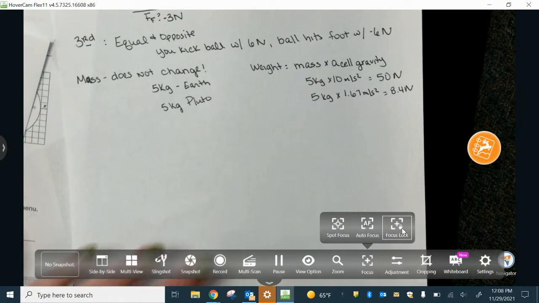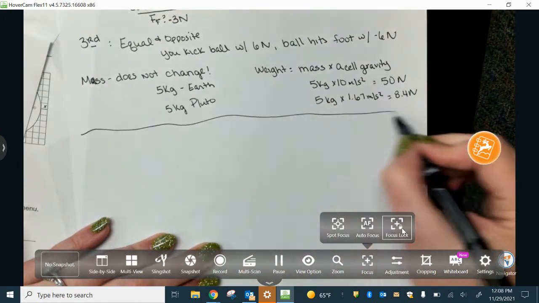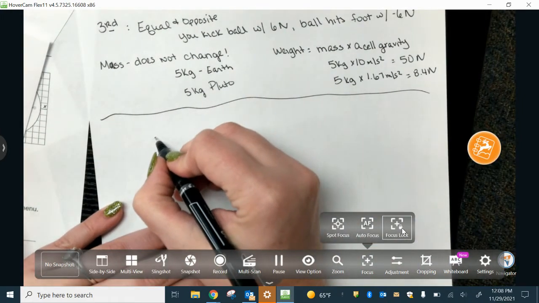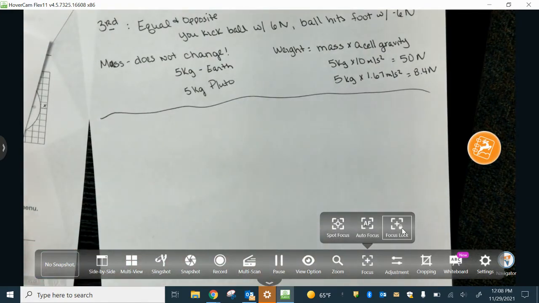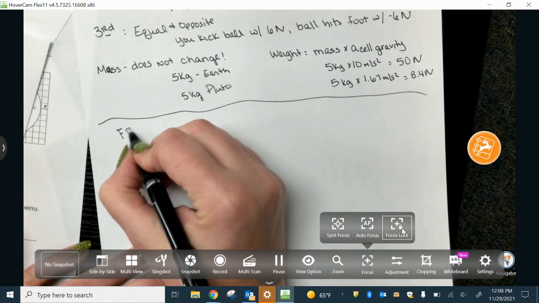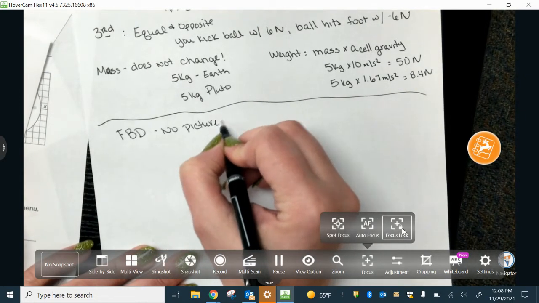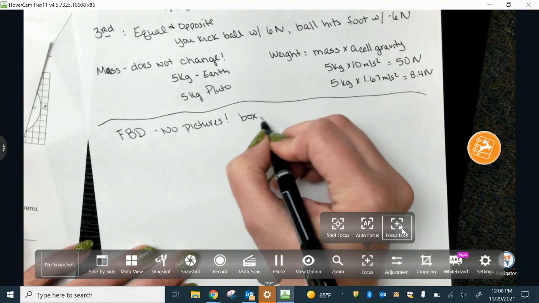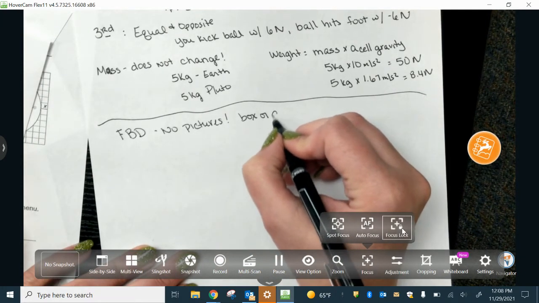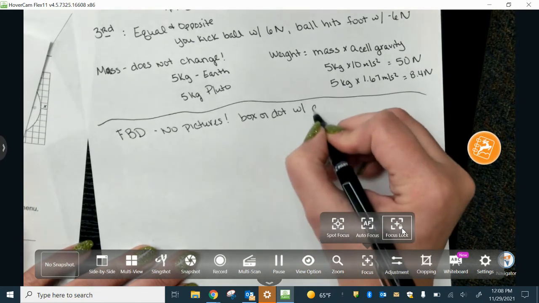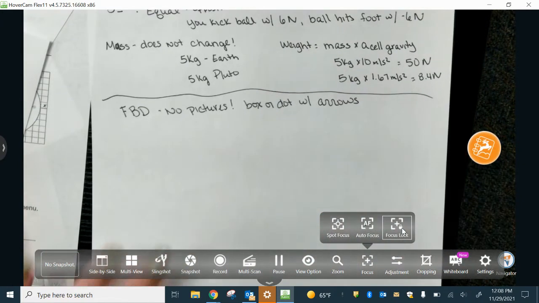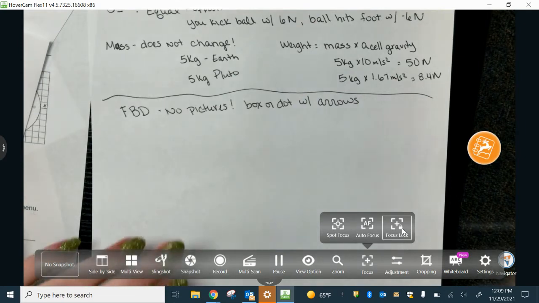All right, so when you're drawing a free body diagram, I do not want the actual picture. So, free body diagram. No pictures. We only want a box or a dot with arrows. So let's say you have a hot air balloon that has a buoyant force of 3,000 newtons.